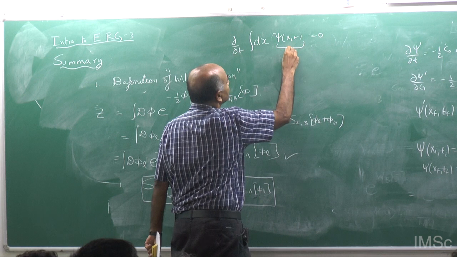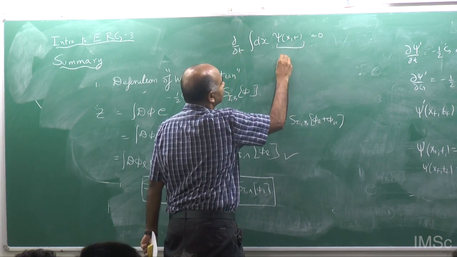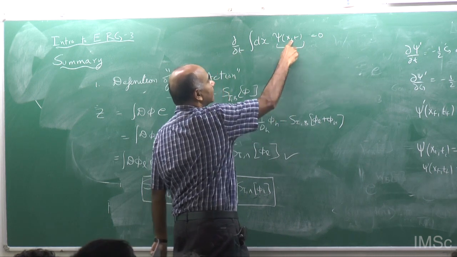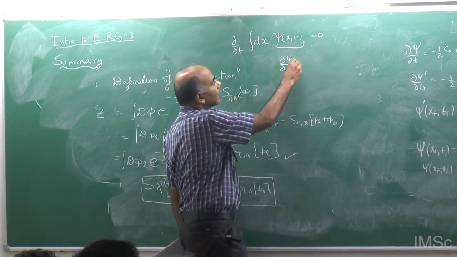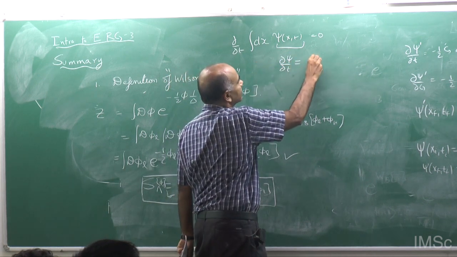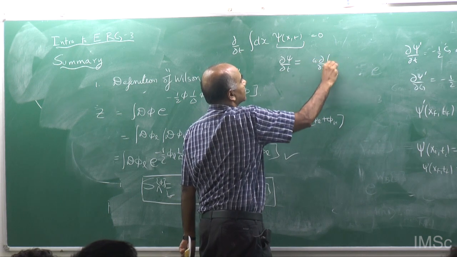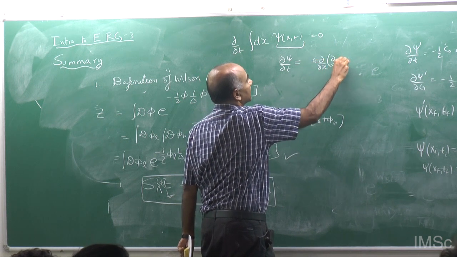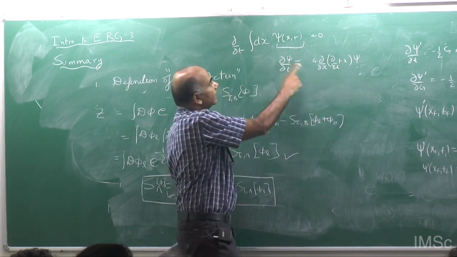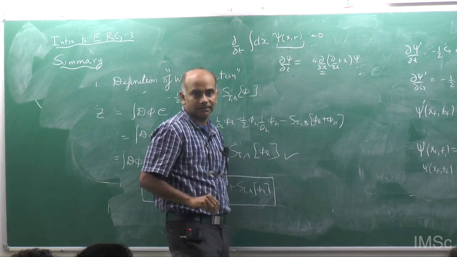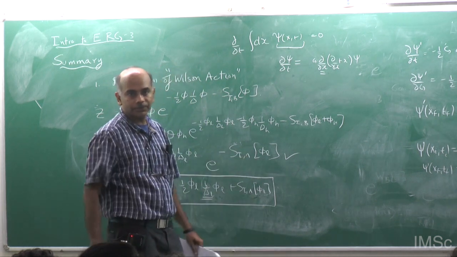This is 0 because for psi we defined the evolution of psi in such a way that this is satisfied, and the way we did that was by saying that this is something like g dot d by dx of d by dx plus x psi. So when you put this inside there, it's a d by dx and a d by dx, so it's a boundary term, it's 0.